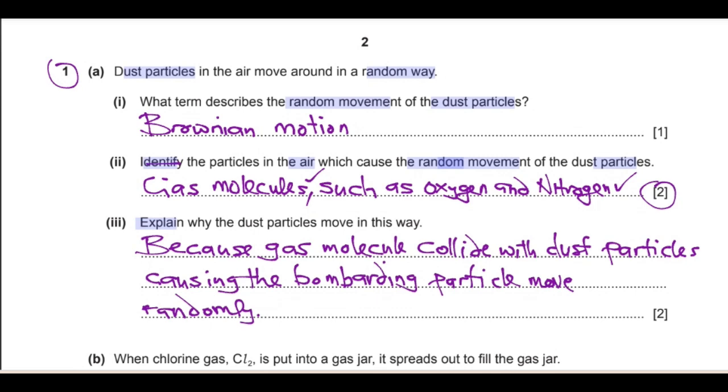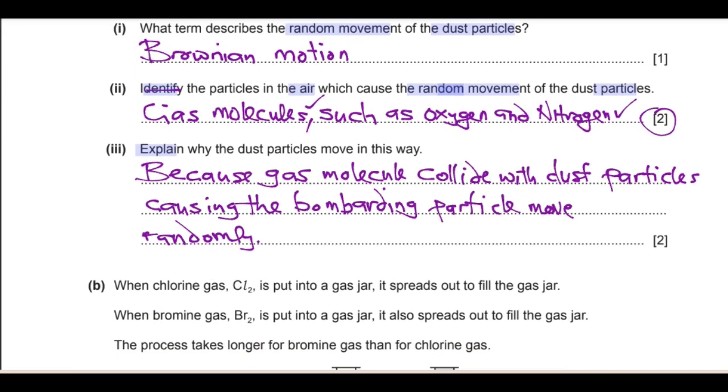Look at the way I am presenting answers, my dear learners. So the key points in my answers, I have stated that what is causing the random movement is because of the collision of the gas molecules and the dust particles.